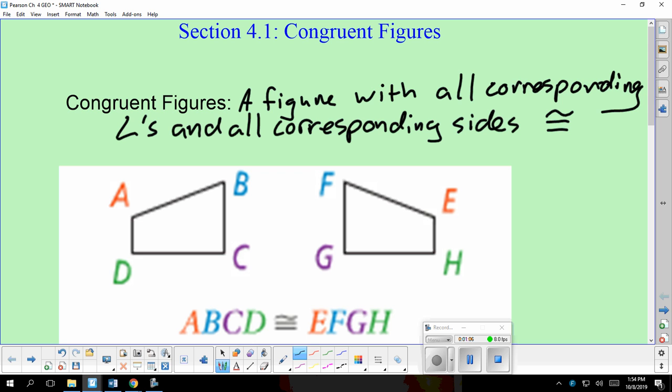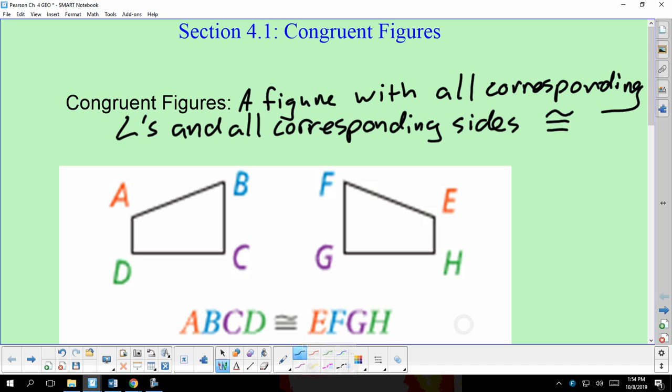So we're going to be able to prove two shapes are congruent. So in this particular section, as long as I can use this definition of congruent figures by showing all corresponding sides are congruent and all corresponding angles are congruent, then I can show that the two figures are congruent.